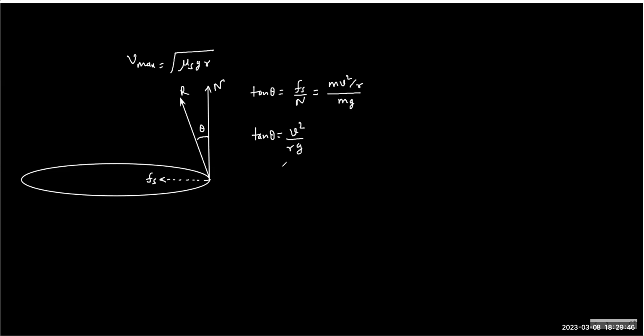So when v becomes maximum, tan theta max is V max square by Rg. But V max we know is root of mu s g r, so this is simply mu s. Okay.